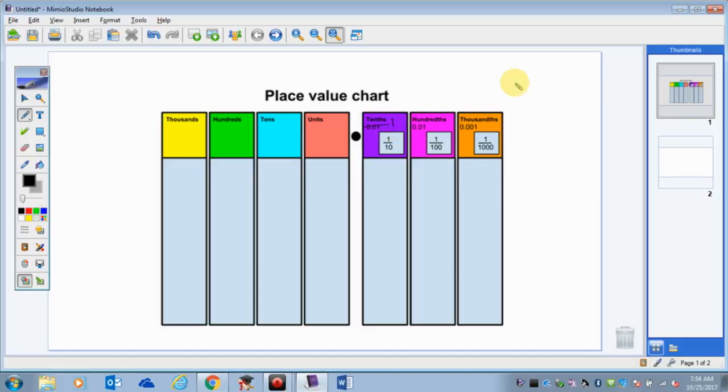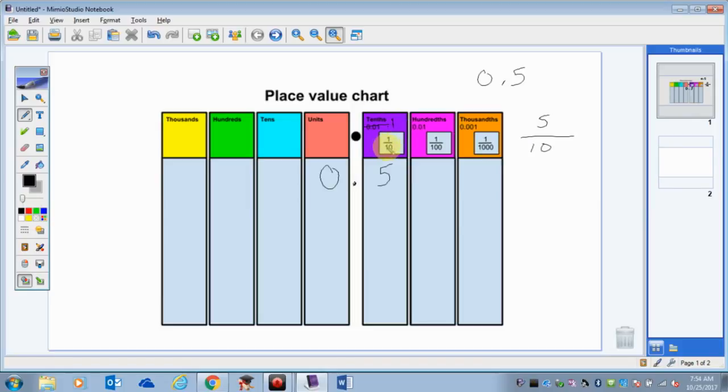Alright, so if we have a different one, if it's 0.5, so that's going to be 5, and then the last one falls in the tenths place, which can be written as 5 over 10.